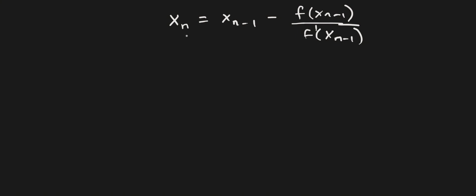Let's try to understand this formula by understanding what Newton's method does. Newton's method is a way for us to approximate the root of a function. Let me draw a Cartesian plane, and let's say we had a function going through the x-axis at this point. This is obviously the root. But we don't know this point.